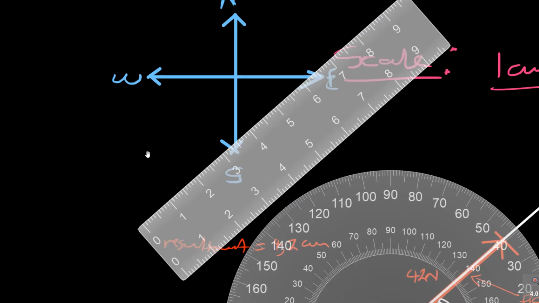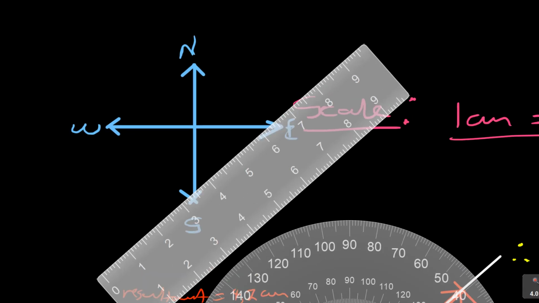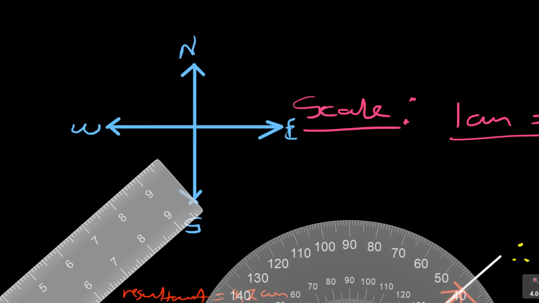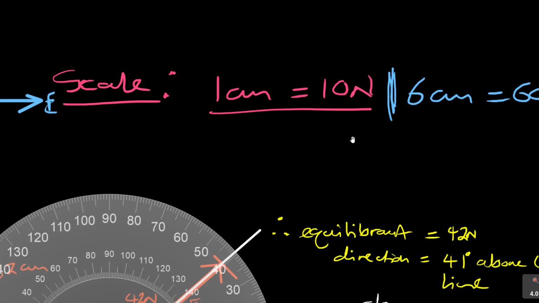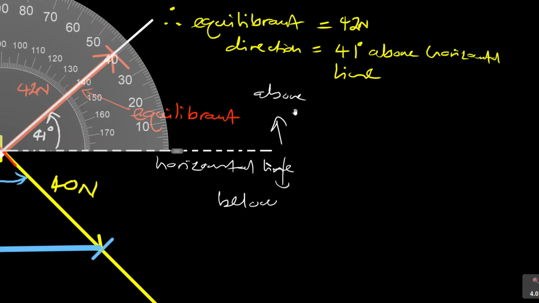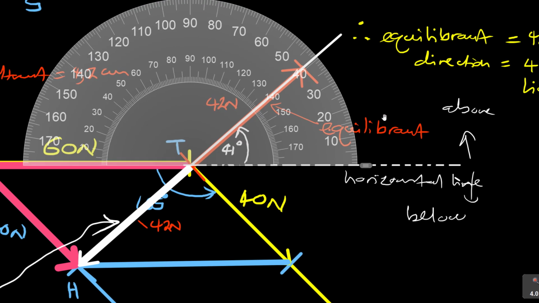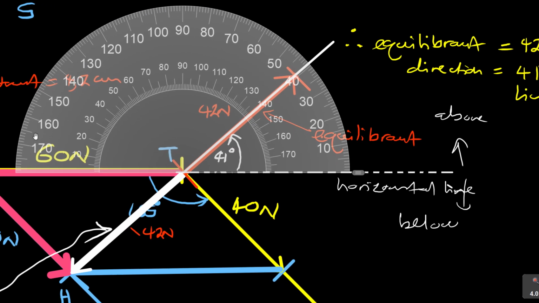Or you can use this part that I did. Remember when I started, I used this part which says north, south, east, west. So if I use south as my reference, here is more like my east.